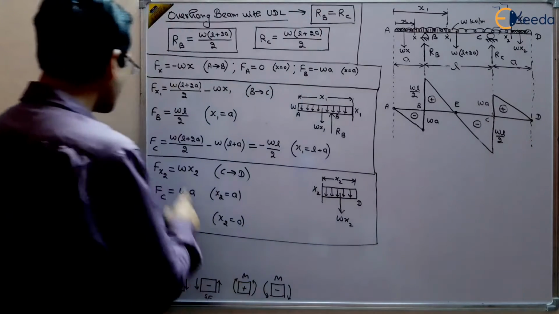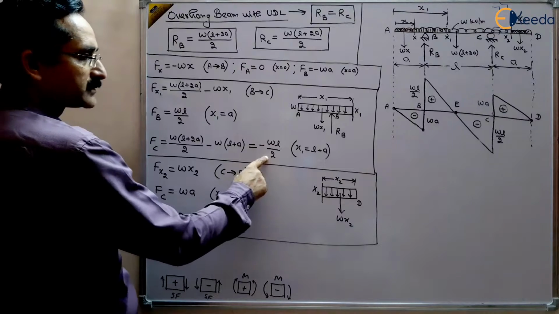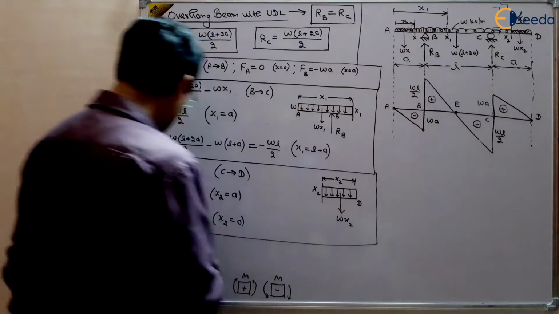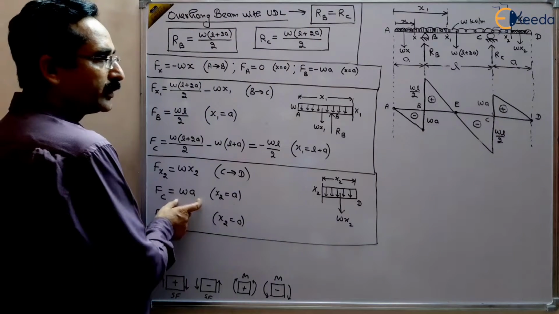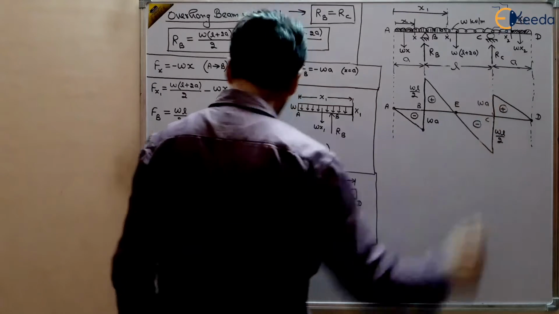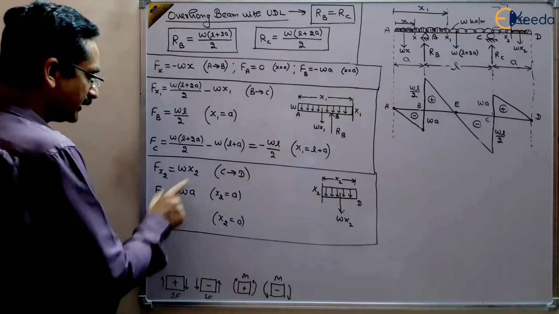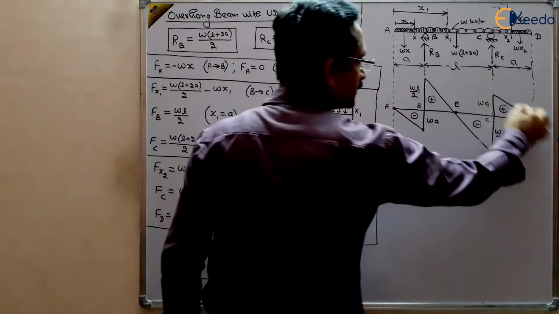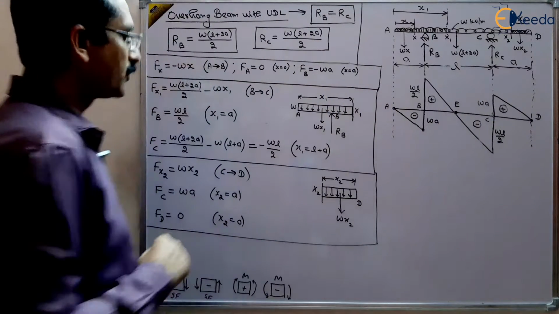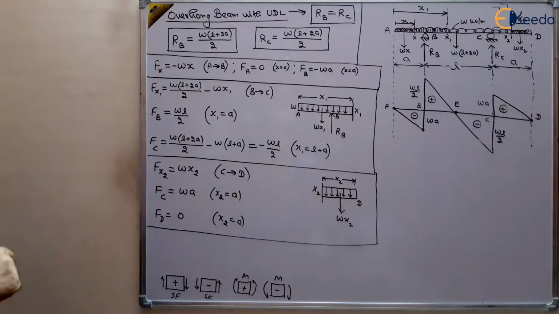You can see here FC, WL by 2 minus, right? And then again there is abrupt change at FC, this is WA positive, and then FD is 0, and linear variation is there. So this is how shear force diagram is drawn for overhang beam with UDL.